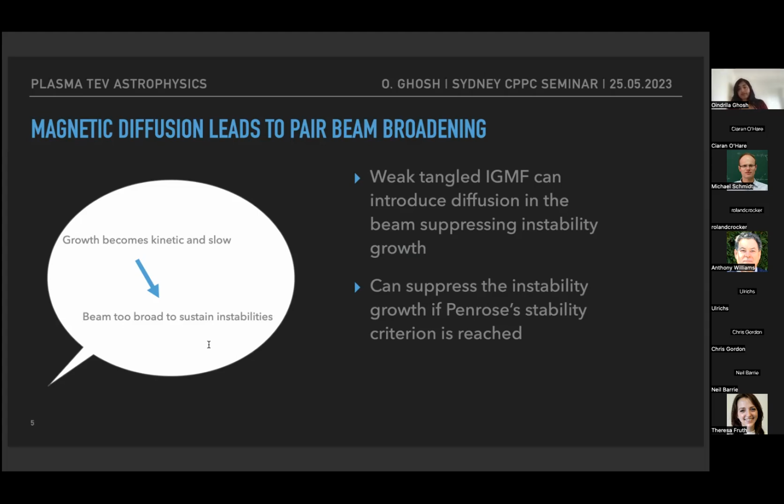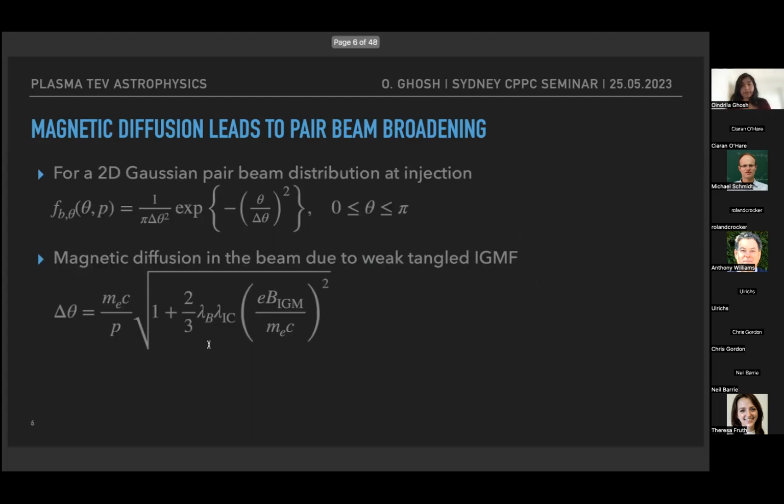If the magnetic field is weak enough, it could introduce diffusion in the beam, which would stabilize the beam, because the beam is too broad to sustain the instability losses. However, if the magnetic field is closer to its lower limit that we have derived from, say, Fermi-LAT and MAGIC observations, then we start seeing that instability becomes more important.